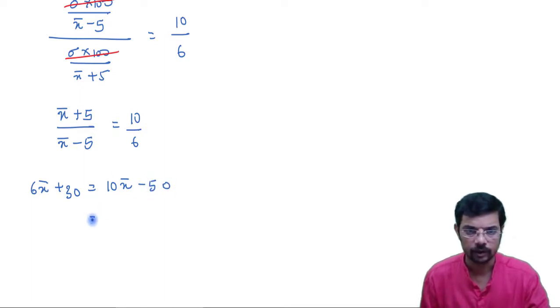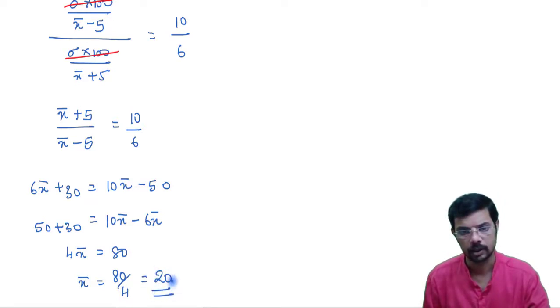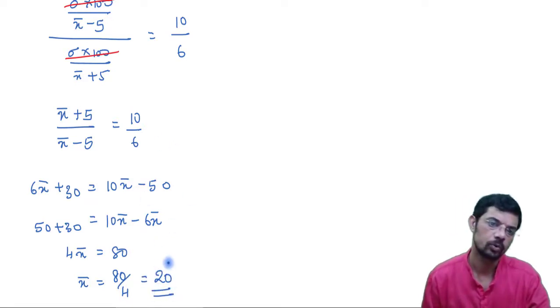So 10x bar minus 6x bar equal to 50 plus 30. 10 minus 6 is 4x bar, equal to 50 plus 30, which is 80. So x bar equals 80 by 4, the original mean is 20.